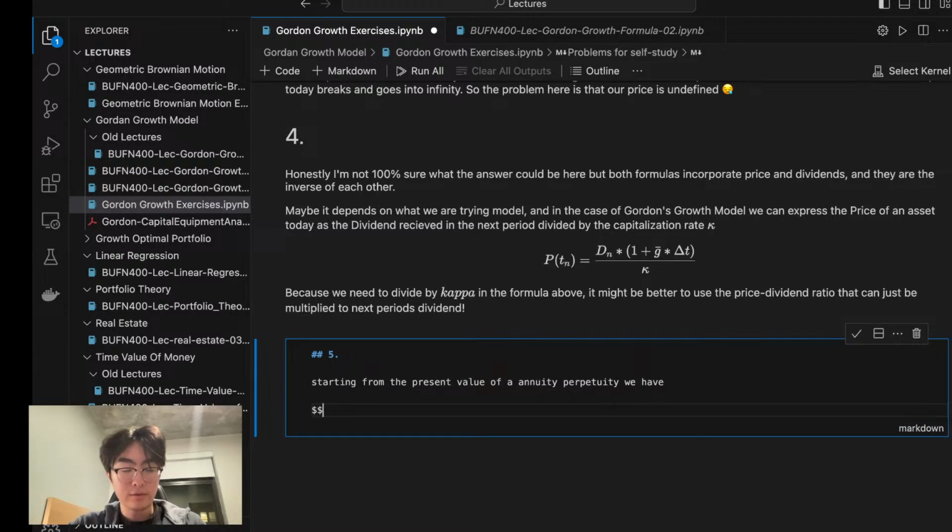So the present value of a perpetuity, the price PV, is equal to, I believe, the cash flow each period.